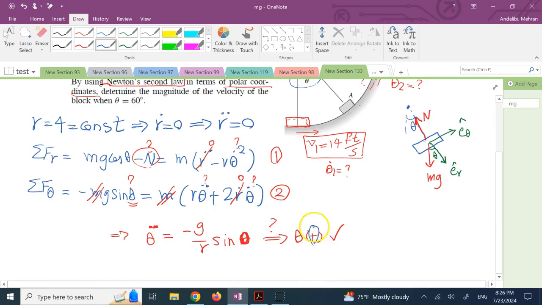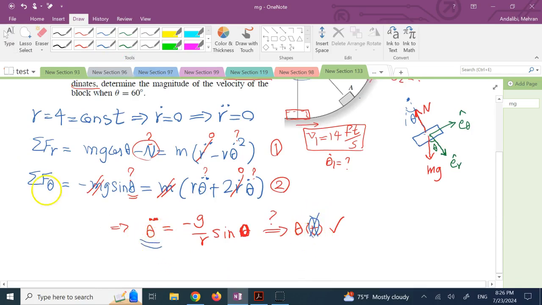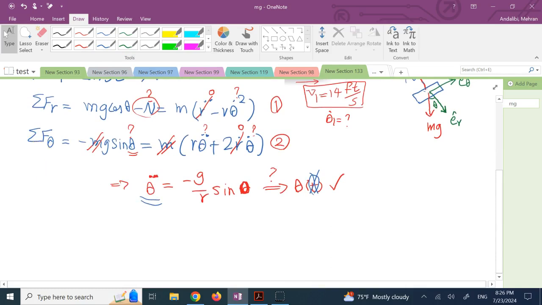So the way to handle this is to write this theta double dot in its time independent format, or use the chain rule. This is basically d theta dot over dt, but using the chain rule, you write it as d theta dot over d theta times d theta over dt.